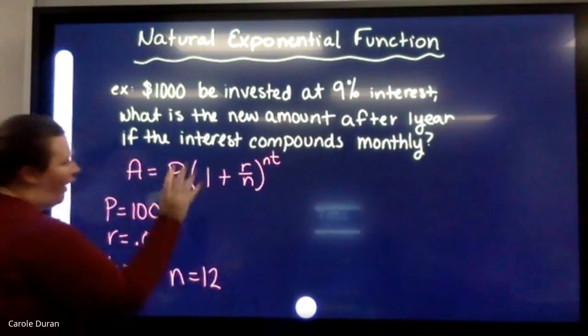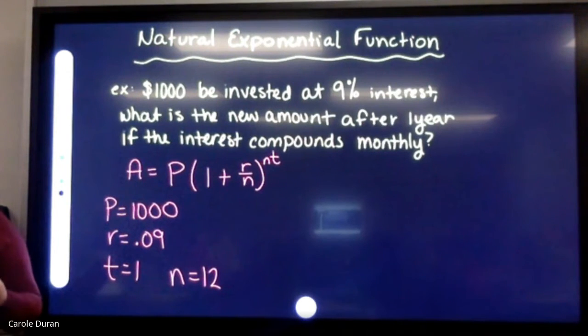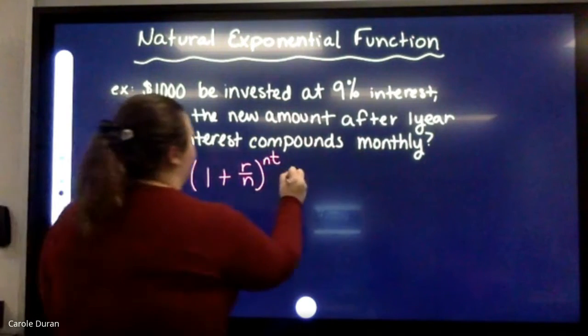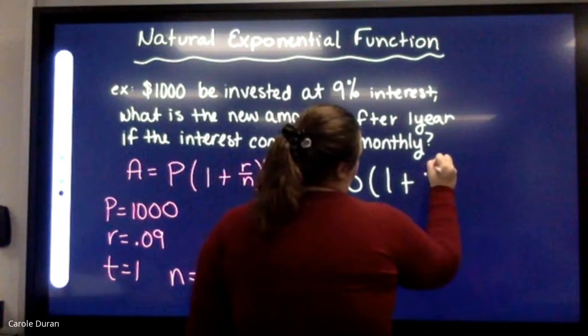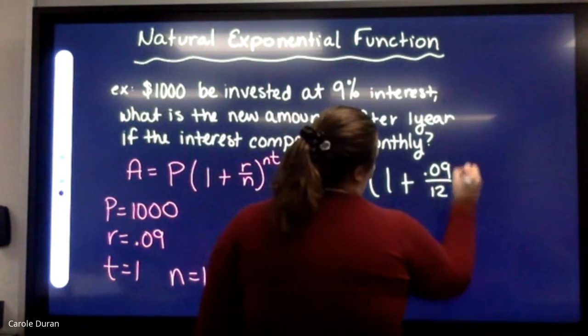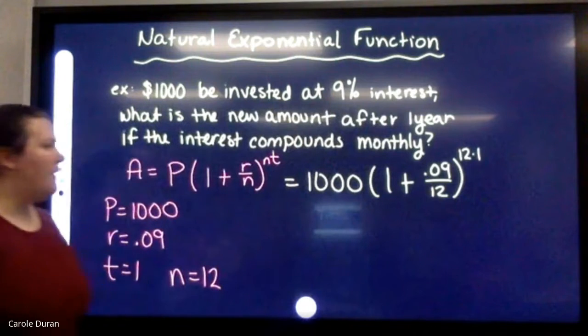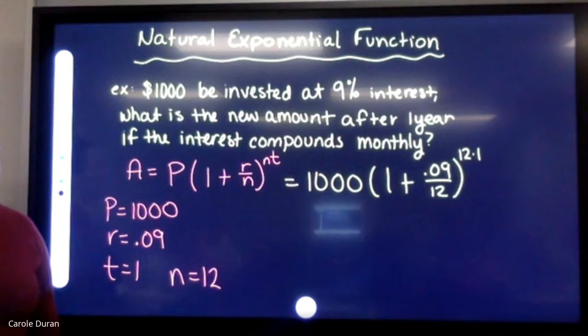And I would just plug all of that information into that equation and solve it out, right? So let's do that, just so I make sure we can all do it. So I have 1,000 times the quantity 1 plus 0.09 over 12, all taken to the 12th power.